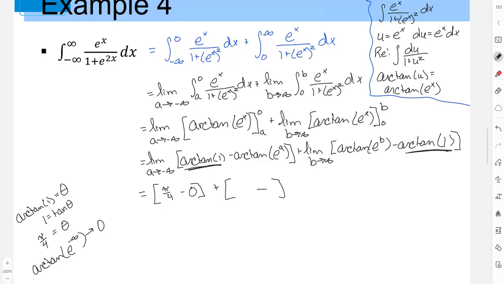Now, we already know that arctan of 1 is pi over 4. We want to know what's happening as b gets larger and larger and larger. Well, if you think back to your arctan function, it looks like this. I'm taking the arctan of something that's getting bigger and bigger and bigger. That's going to approach the limit of pi over 2.